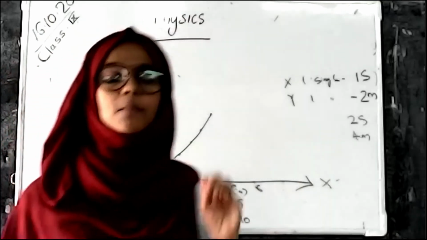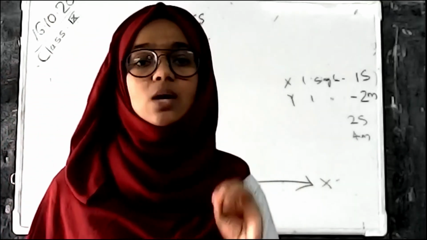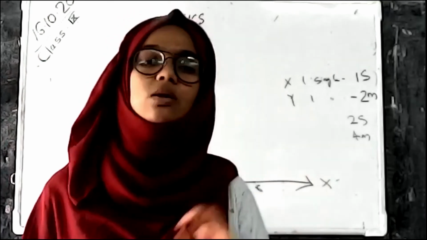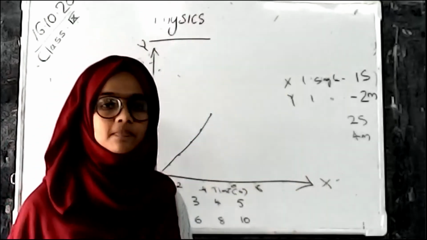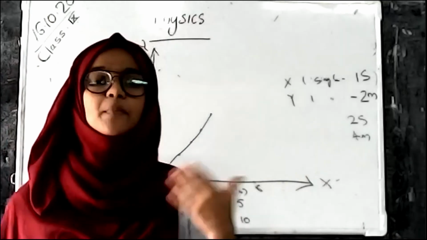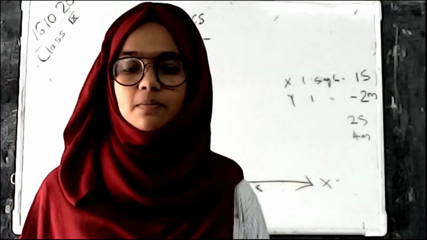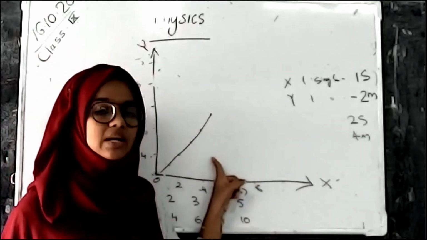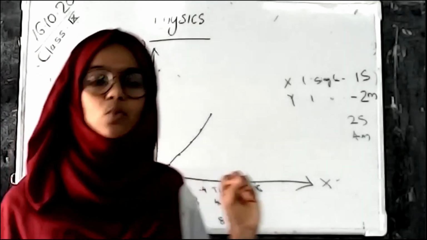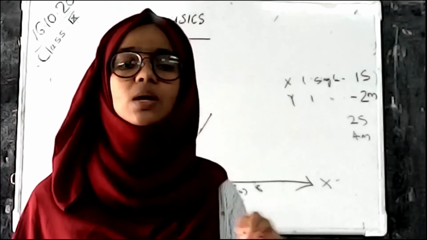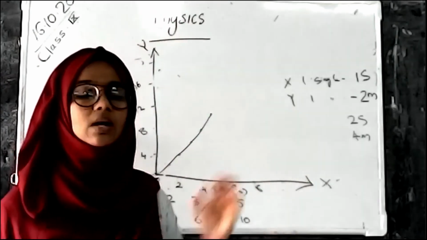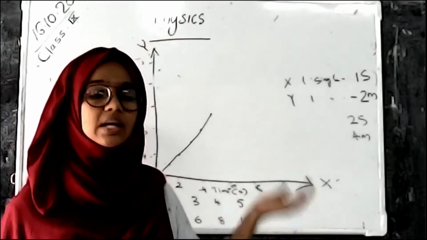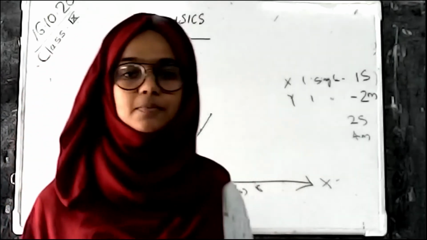But if the body is moving equal distance but not in equal intervals of time, the shape of the graph must change. We get this straight line only when the body is moving equal distance in equal intervals of time in a position time graph.